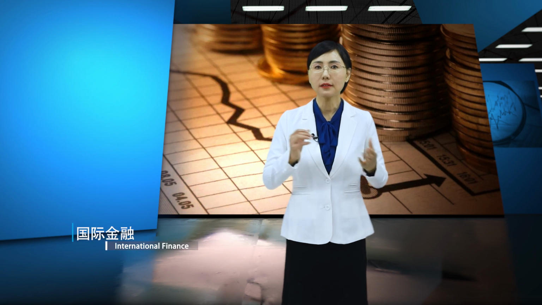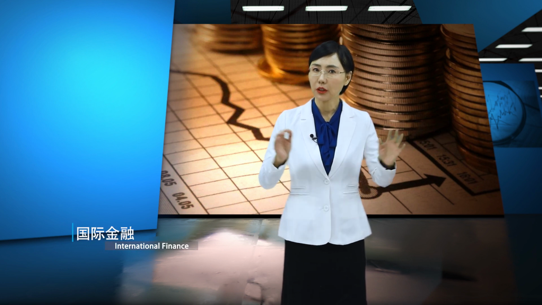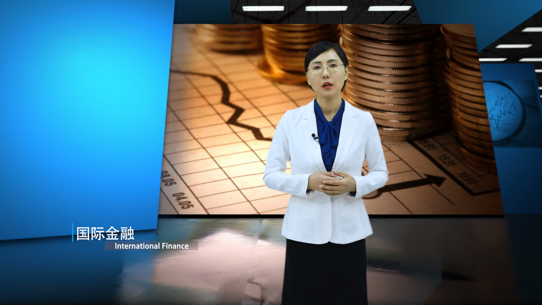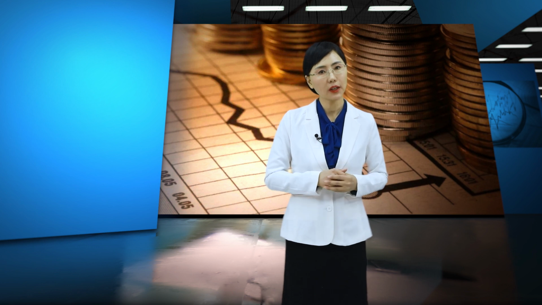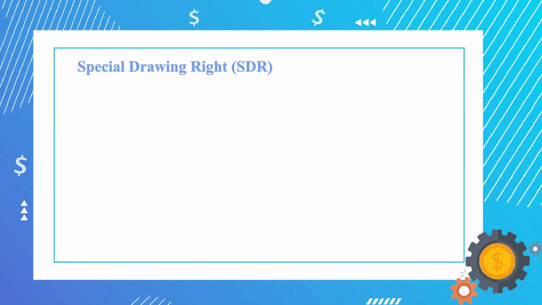Professor Triffin pointed out that SDR can be used as an official reserve to substitute for the dollar, so the demand for dollars could be decreased. However, because the percentage of SDR in governments' official international reserves was quite small, its influence was very limited.